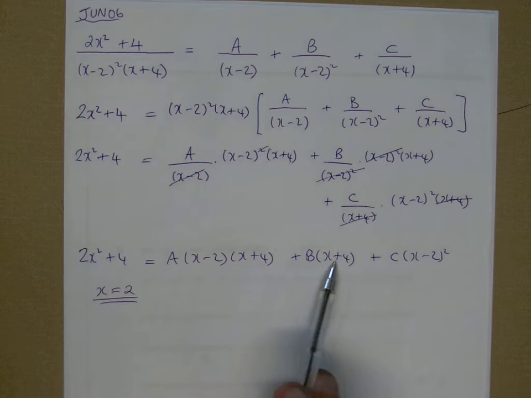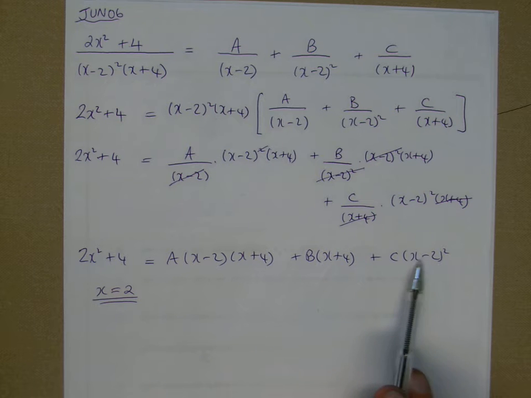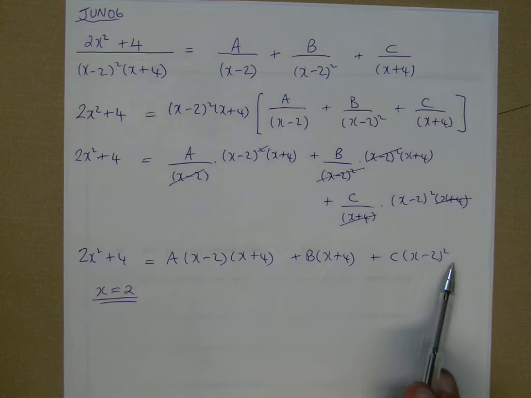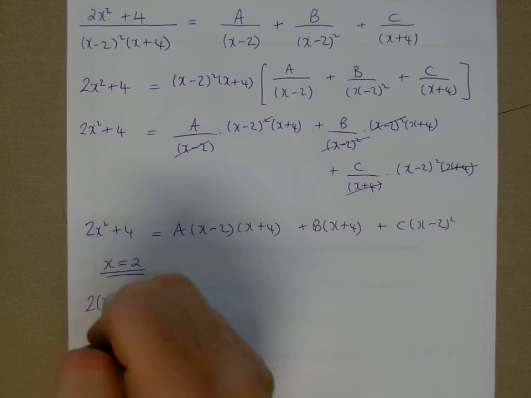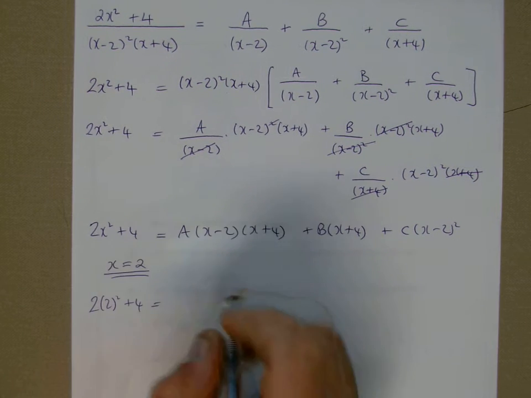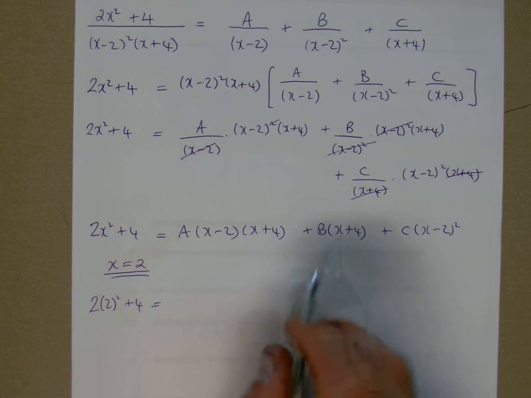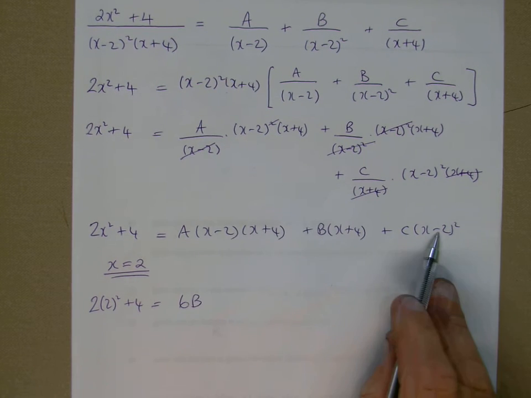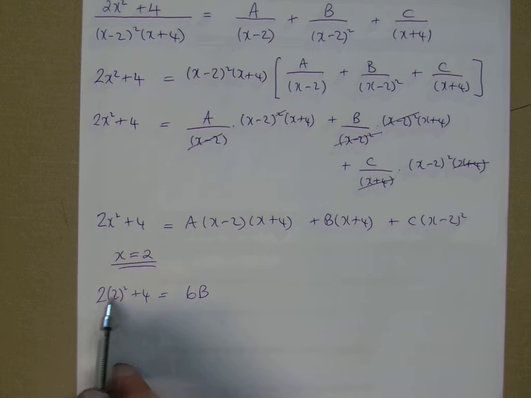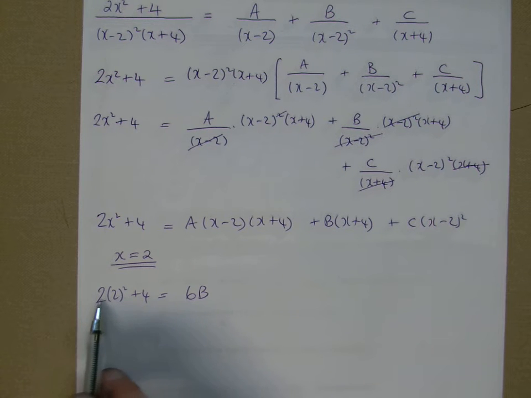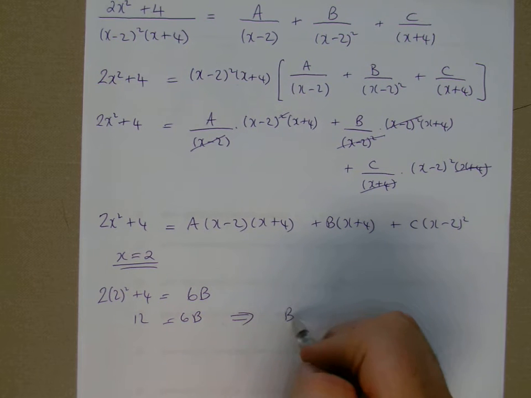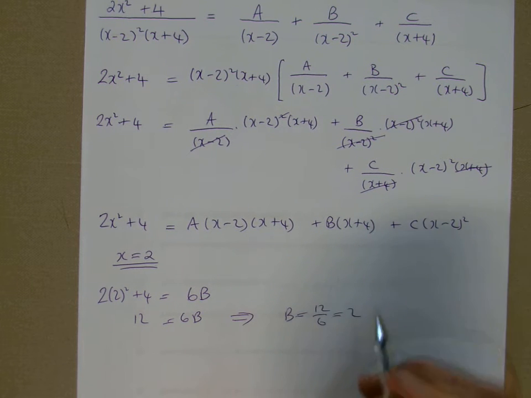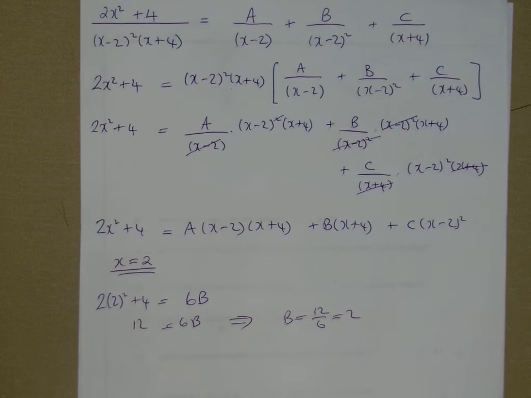The B bracket becomes 6, and the C term has 2 take away 2, which is 0, squared is still 0, so that goes. Putting 2 in, I get 2 times 2 squared plus 4 equals 6B. Work this out on your calculator: 12 equals 6B, so B is 12 divided by 6, which is 2. So we've got B out.